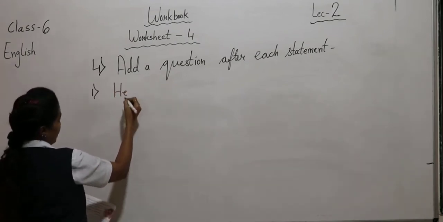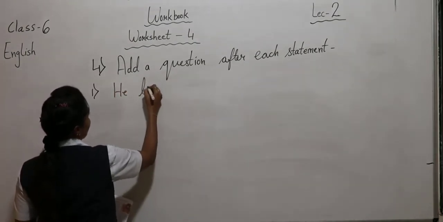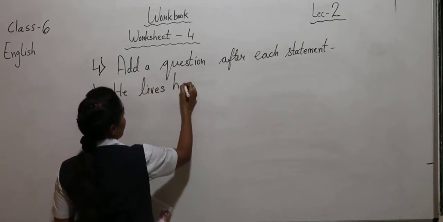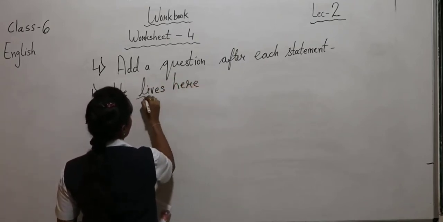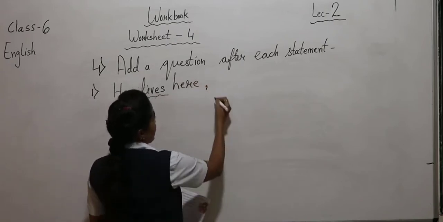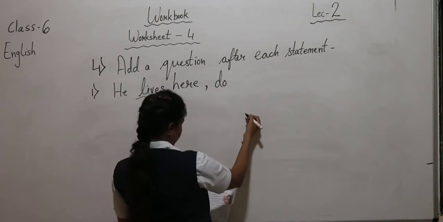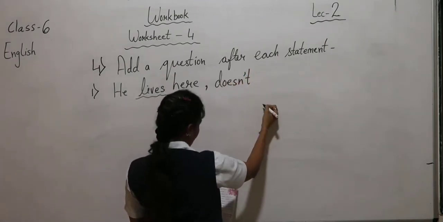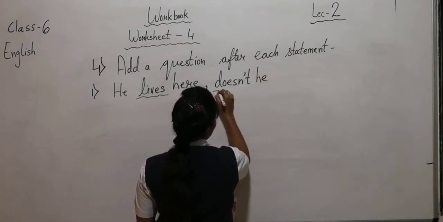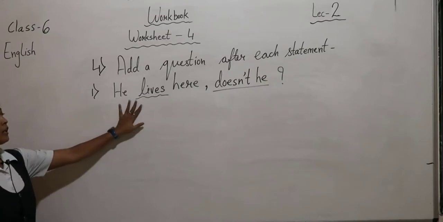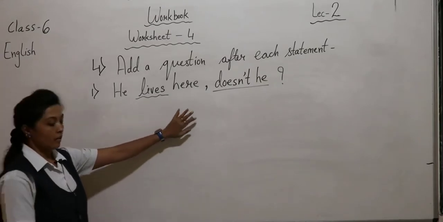Number 1. He lives here. Example is given of what we have to do, in which way. So, he lives here.